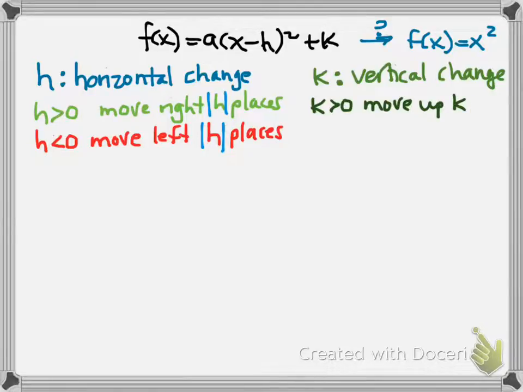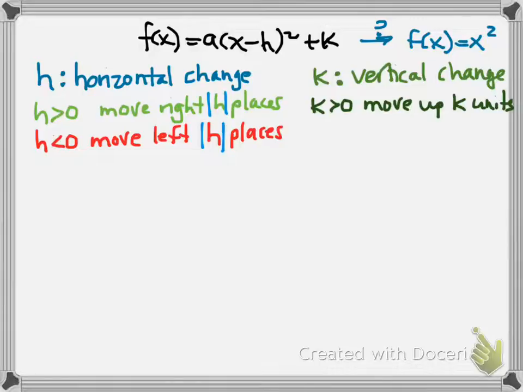I keep using places, and I should say units. Now, notice that in the formula, the sign on k is the sign on k that we use. But the sign on h is opposite to what it looks like. So that's the hard one to keep straight.